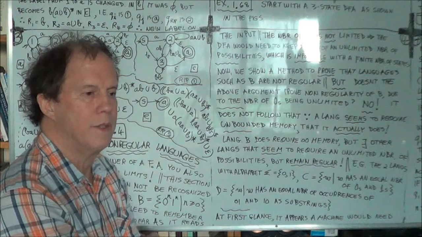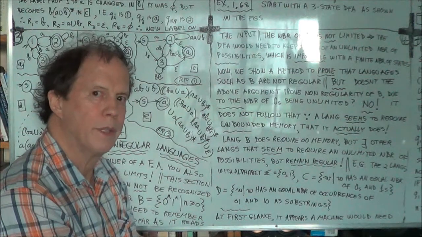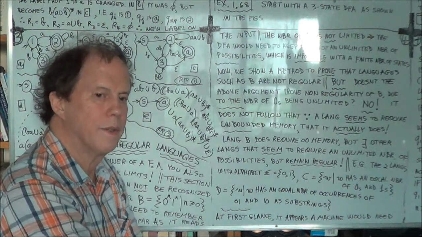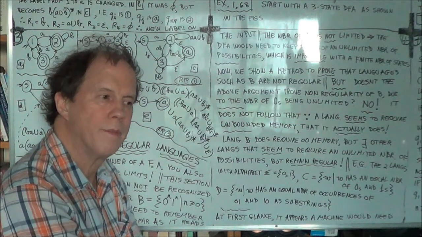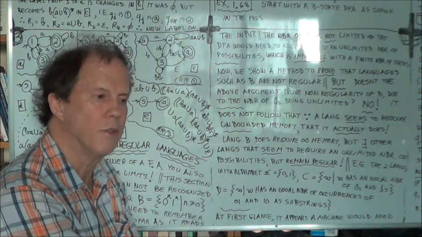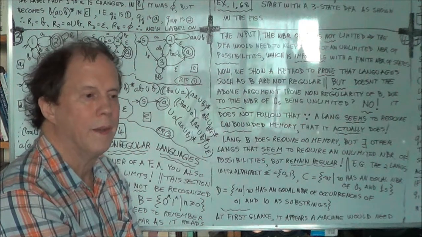And this theorem is used to help prove whether a particular language is regular or not. You don't know what it is yet. Just think of this so-called pumping lemma, which is a theorem.